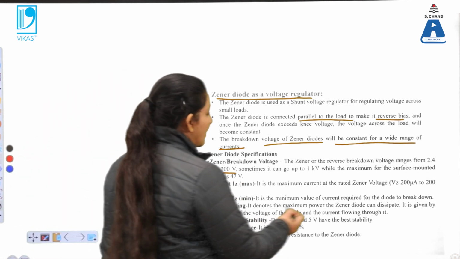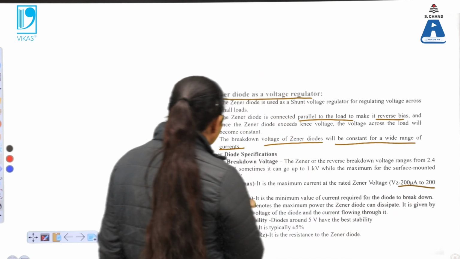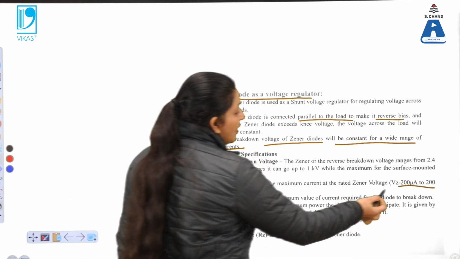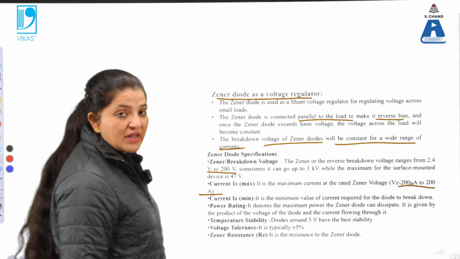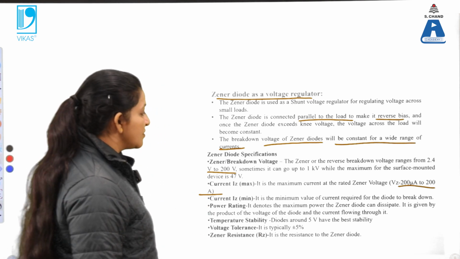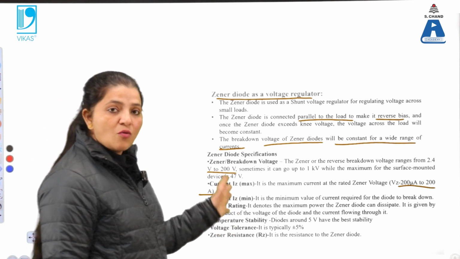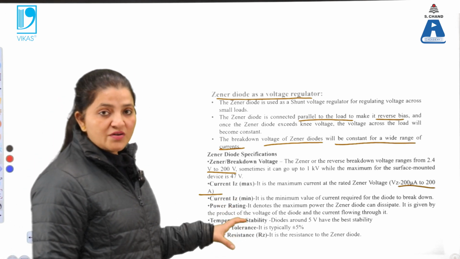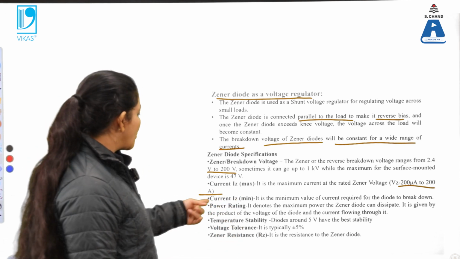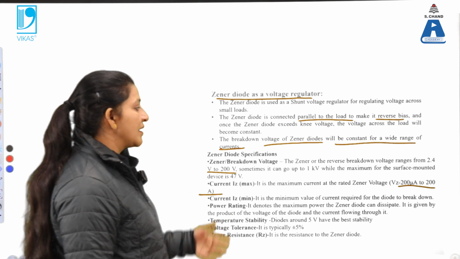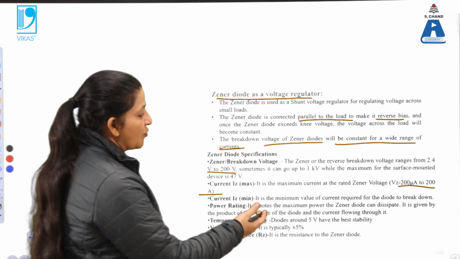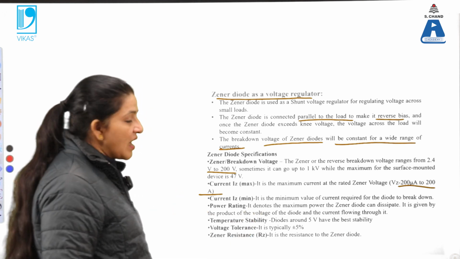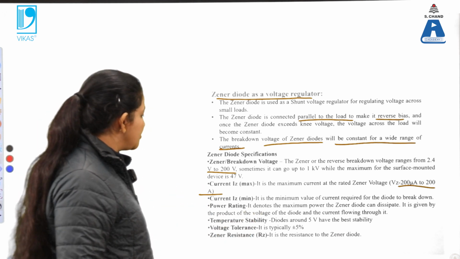The maximum current is in ampere, which is quite large, while the minimum current is in microampere. Because the Zener diode works only in the reverse condition, the current is large, up to ampere. Then the minimum current required for the diode to break down, we know, is I naught, and that can also be achieved here.